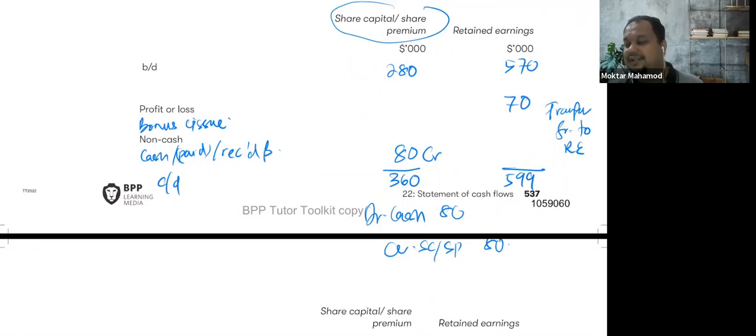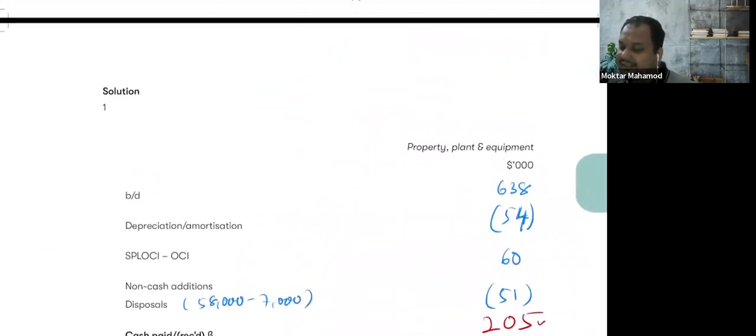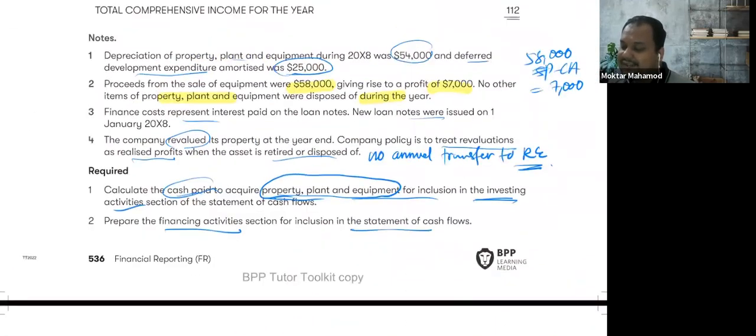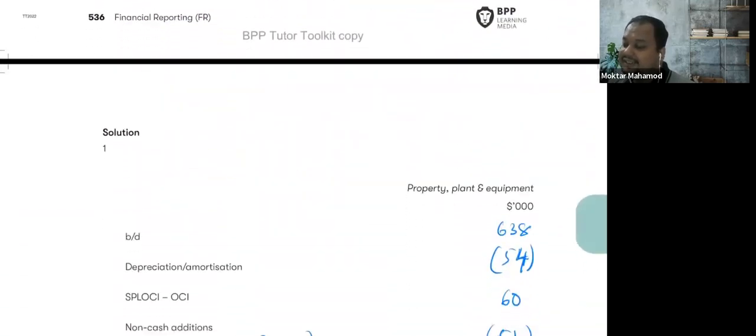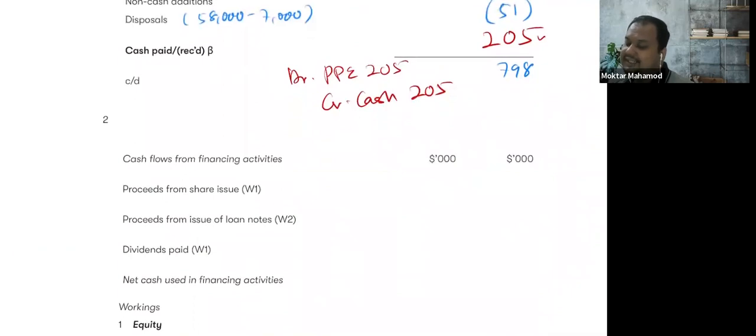Takkan negative figure, takkan issuance of share tapi you bagi duit dekat orang, which is not logical juga. So maksudnya kalau issuance of share mesti cash inflow. Issuance of share tak akan jadi cash outflow. Account tax sahaja, macam ni tax kan? Tax je yang boleh jadi tax payment, tax expense dengan tax recoverable ataupun tax asset. Tax je boleh ada reimbursement.